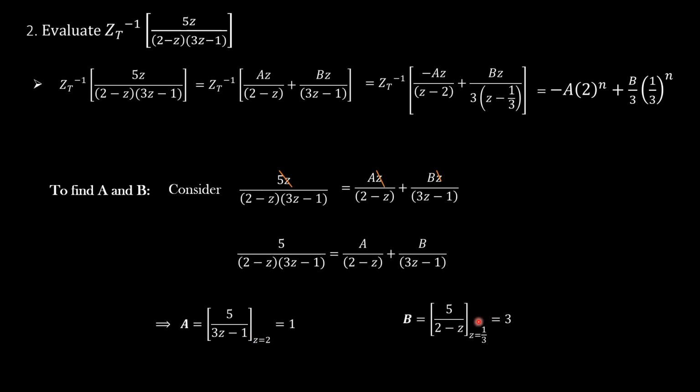Similarly, B is equal to 5 divided by (2 minus z), and substitute z is equal to 1 by 3, so that you will get B, which is equal to 3. Now substitute A and B values. Therefore, the inverse z transform of 5z divided by (2 minus z)(3z minus 1) is minus 1 into 2 power n plus (1 by 3) whole raised to n.